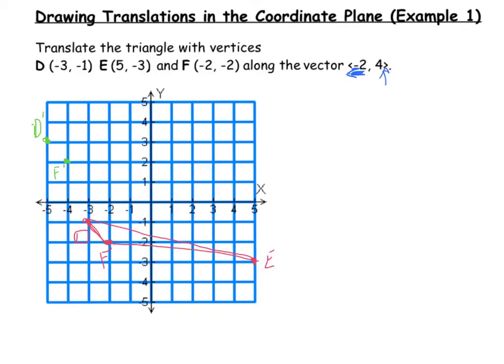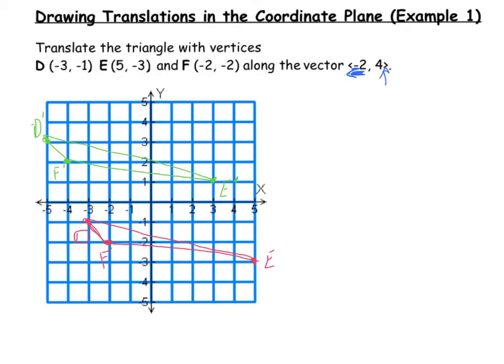And then our E way over here, 1, 2, 1, 2, 3, 4, can end up right there for our E. E, don't forget the prime, connect the dots, and you notice our triangles look very similar in this case with my drawing. But the whole picture just slid over 2 and up 4.